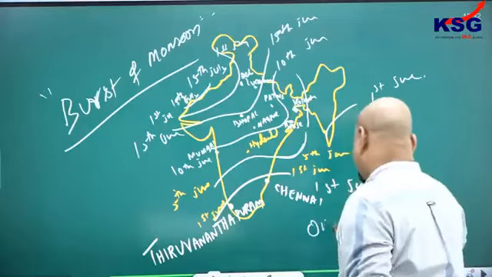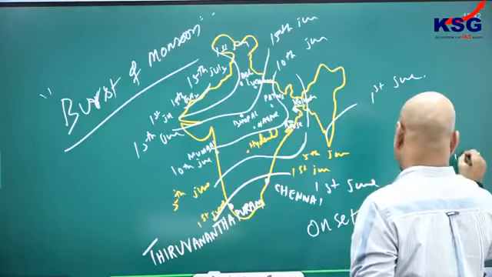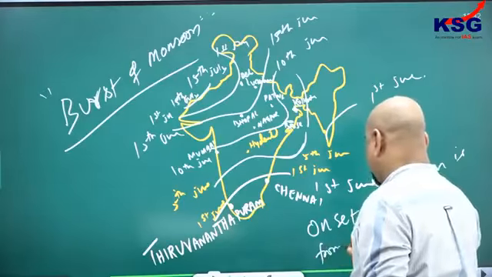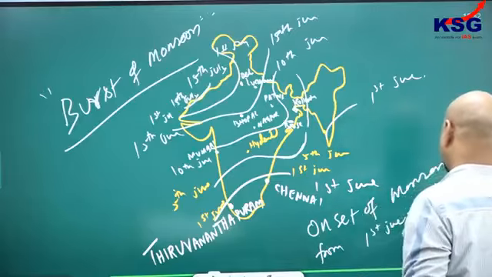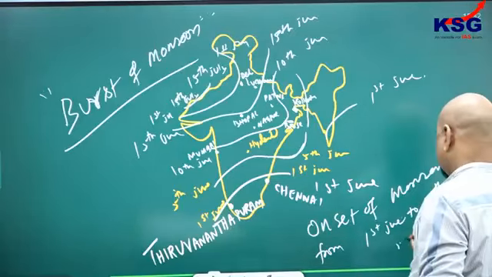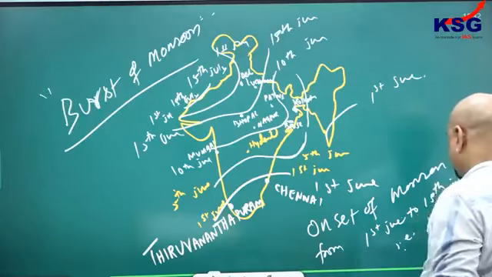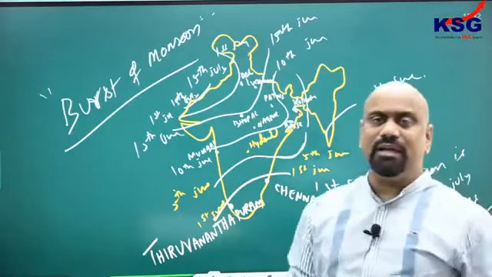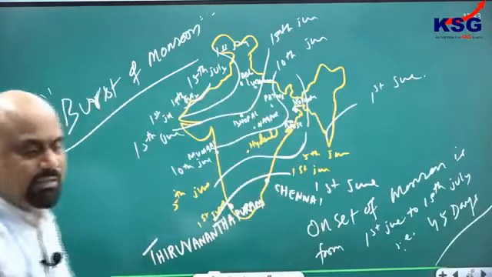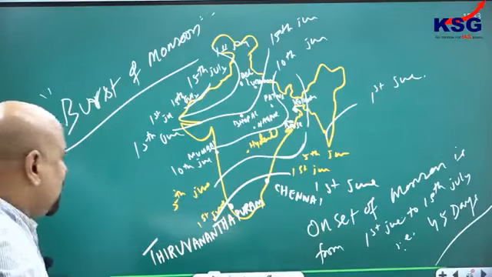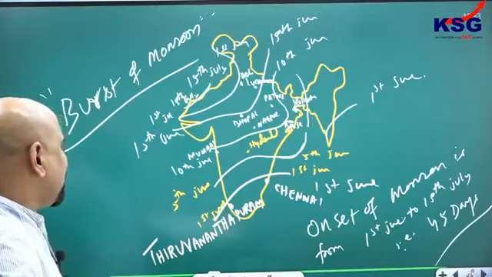So onset of monsoon is from 1st June to 15th July, that is only 45 days. In 45 days the entire India is covered by the summer monsoon, the southwest monsoon.